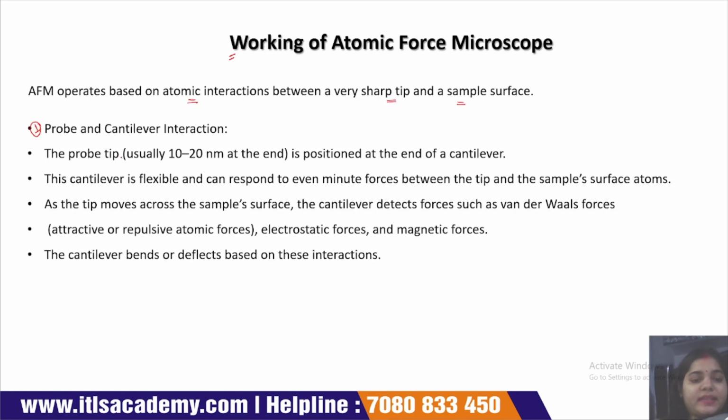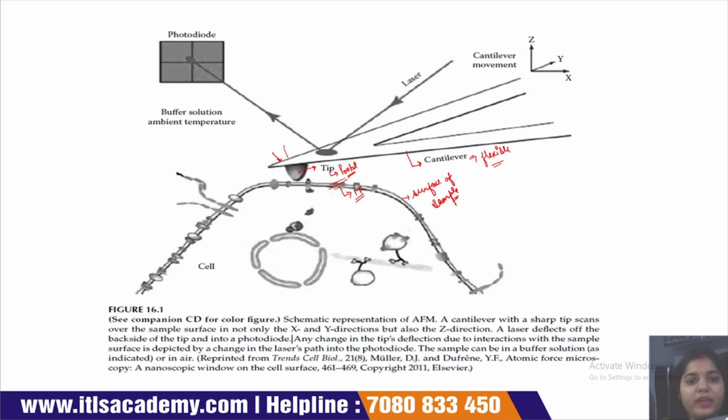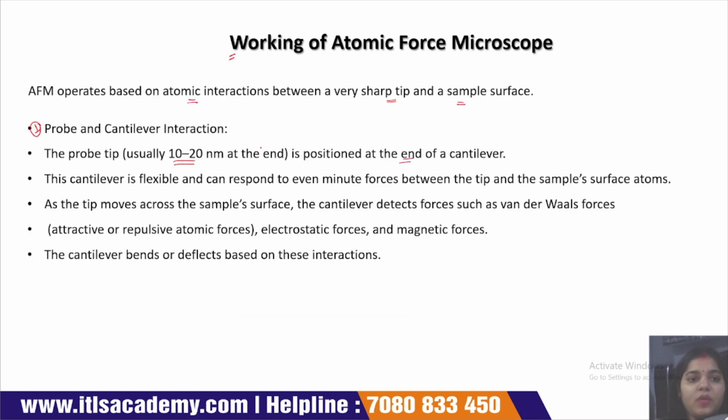The size of this tip is 10 to 20 nanometers, and the location of the tip is at the end of the cantilever. This is the end of the cantilever, and this is the position of the probe tip. This cantilever is flexible and can respond to even minute forces between the tip and the sample surface. As the tip moves across the sample surface, the cantilever detects forces such as van der Waals force, electrostatic force, and magnetic force.